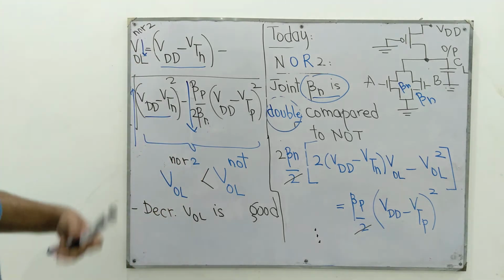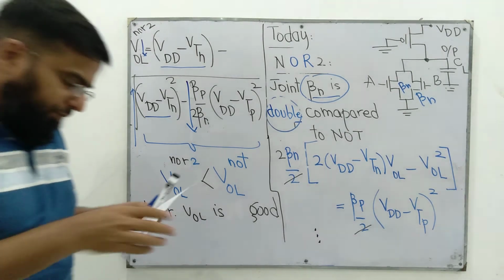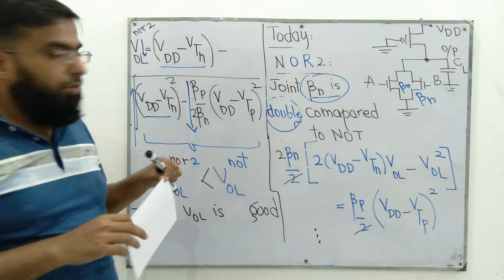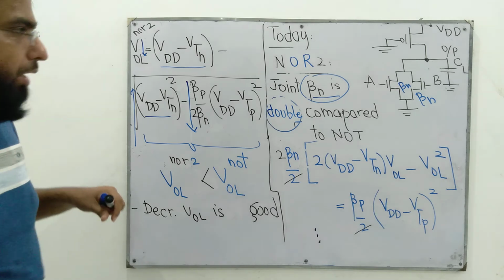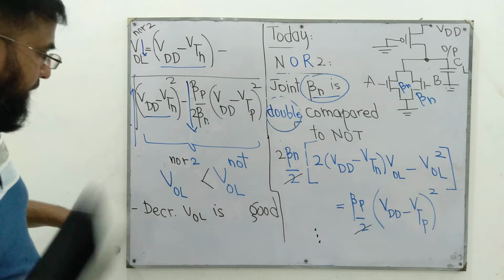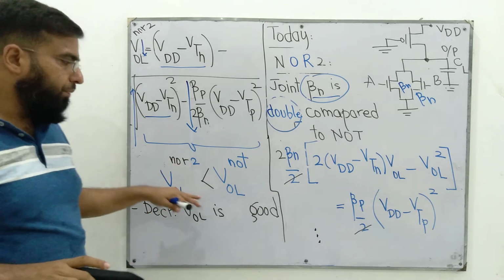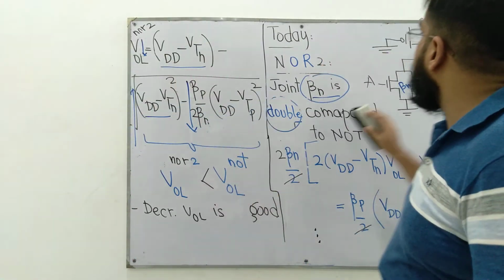So for NOR2 we get a better VOL. So we got a VOL for NOT, and then we got a VOL for NAND2 that was higher than that of NOT, and now we have derived an expression of VOL for NOR2 which is smaller than the VOL of NOT.